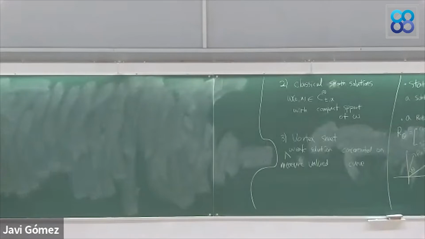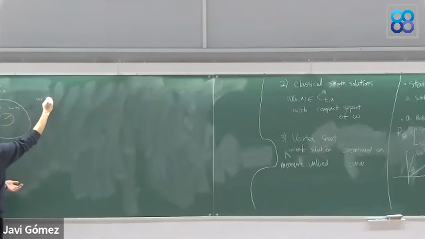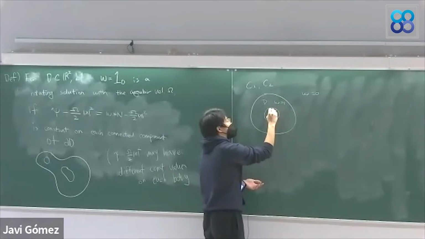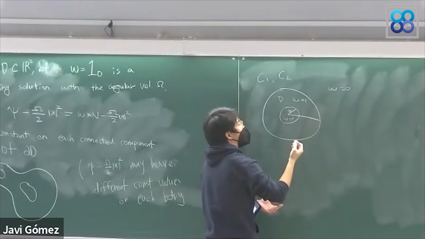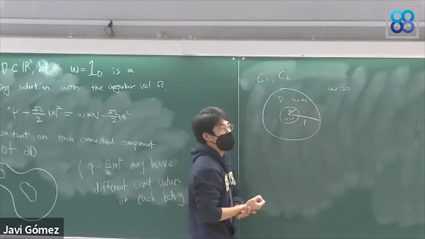So imagine you are given two constants. Then you just consider an annulus, and let's suppose omega is 1 here and omega is 0 outside. Let's say the radius of the smaller circle is b, and let's fix the outer radius as 1, something like that.